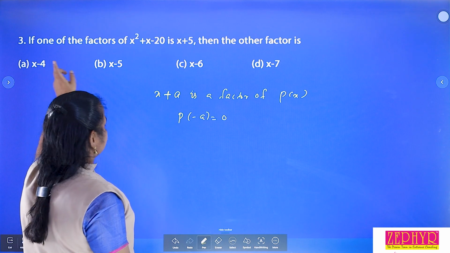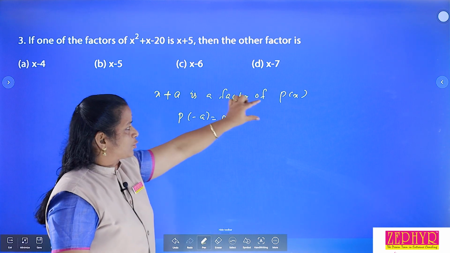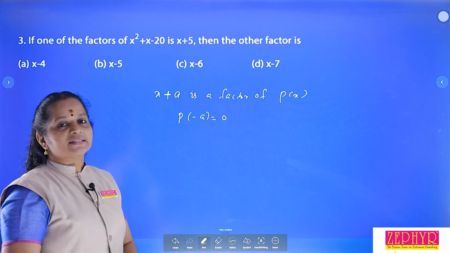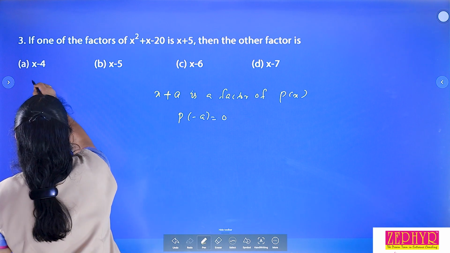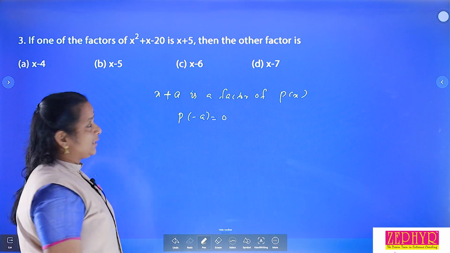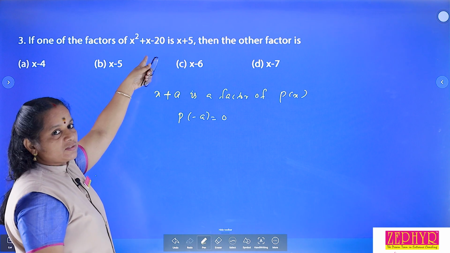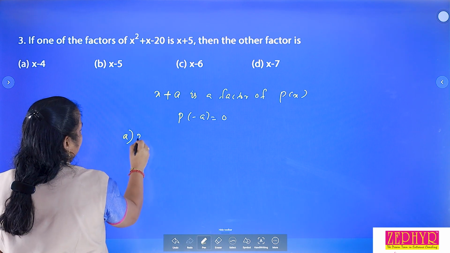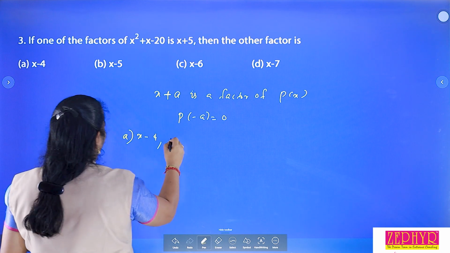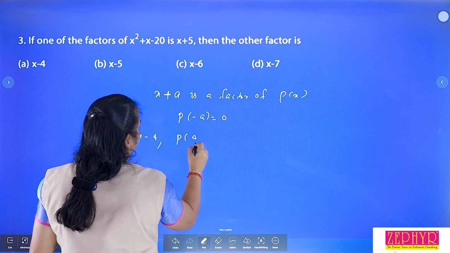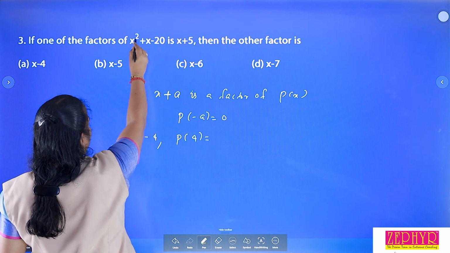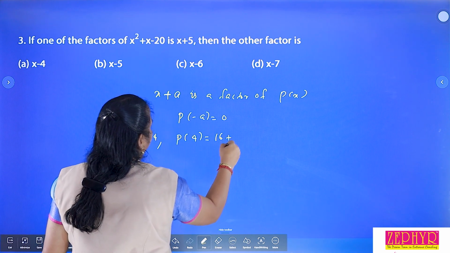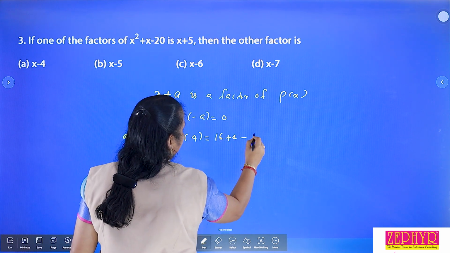So if x plus a is a factor of p of x, p of minus a is equal to 0. So if x minus 4 is a factor, then put x equal to 4 in this case. If we take the first option x minus 4, then what is the value of p of 4? 4 square is 16, plus 4, minus 20.